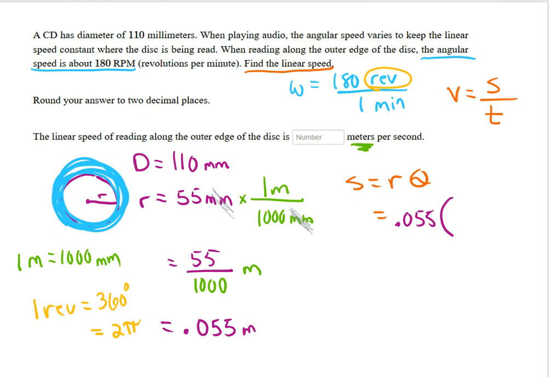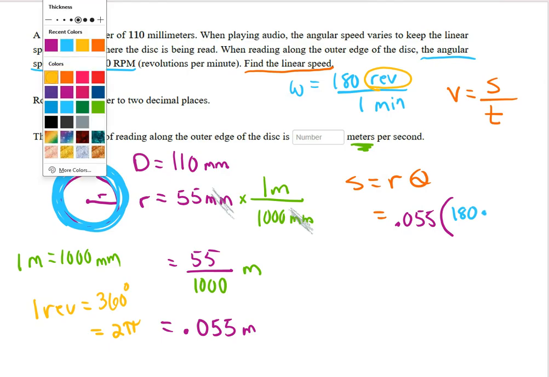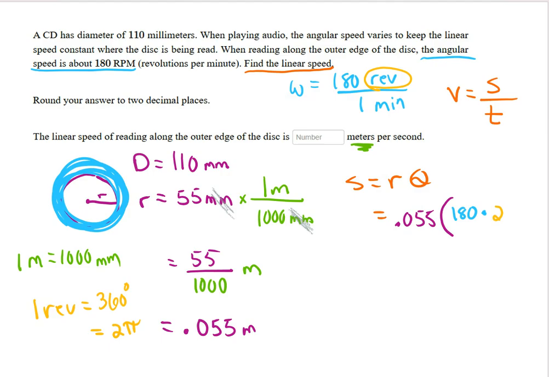When you go 1 revolution, that's 360 degrees, so that's 2 pi, but they're doing it 180 times, so it's going to be 180 times the 2 pi to figure out the angle measure.